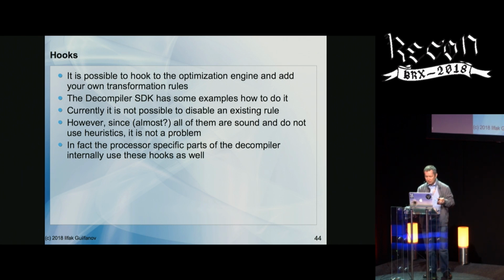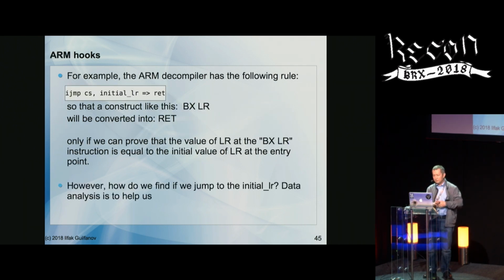So let me give an example. For example, the ARM decompiler has the following rule. If you have an indirect jump that uses the initial value of the LR register, then it can be safely converted into the return instruction. And such a rule can convert BX LR into a simple return instruction, which simplifies the code, of course.